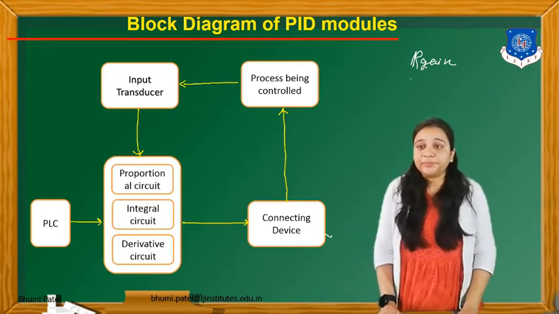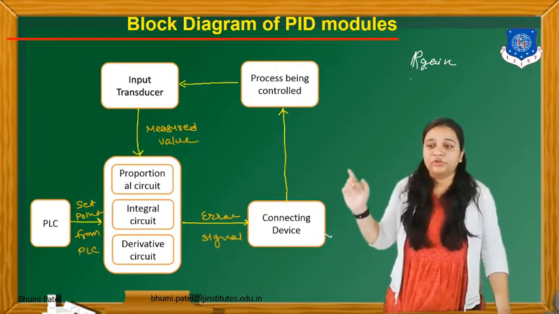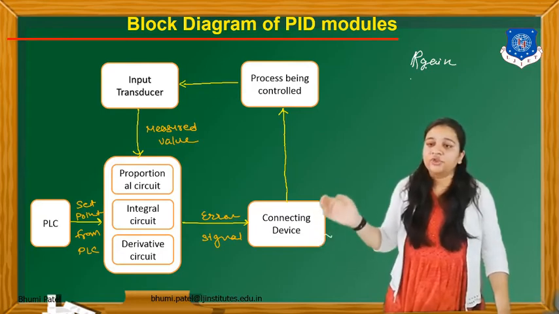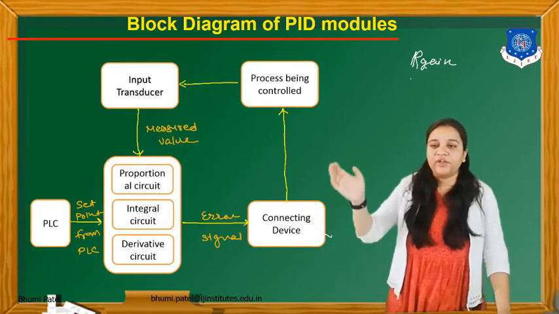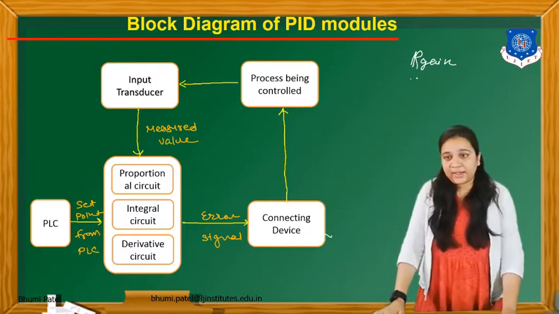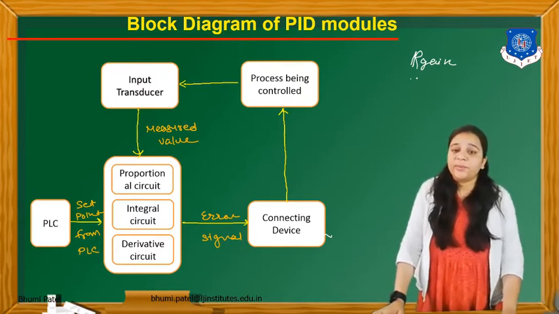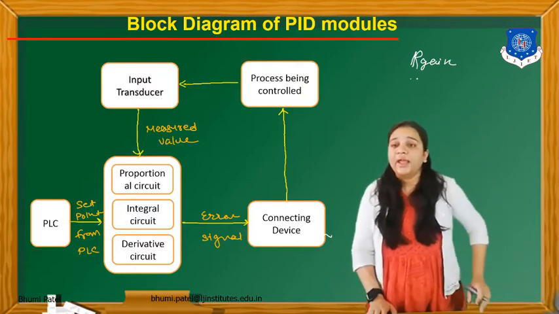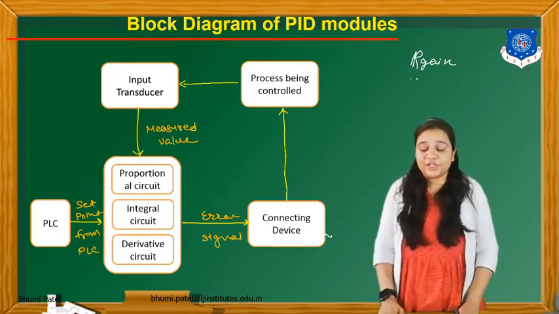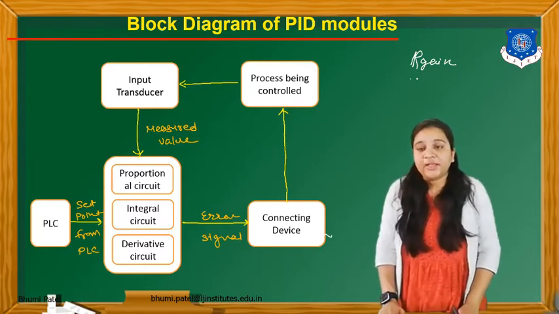Okay, so this is the block diagram of the PID module. The set point is also decided by the PLC and is given to the comparison circuit. If an error signal is generated, we connect it with the controller, and then the process is given, and through the input transducer, that is the feedback element, we get the measured value from the feedback signal.